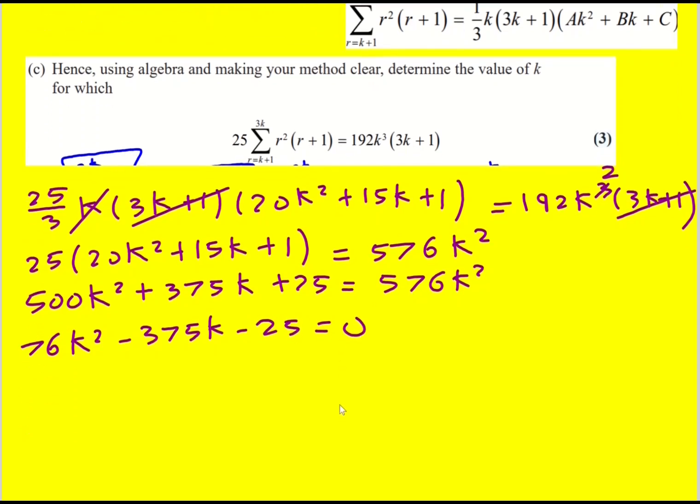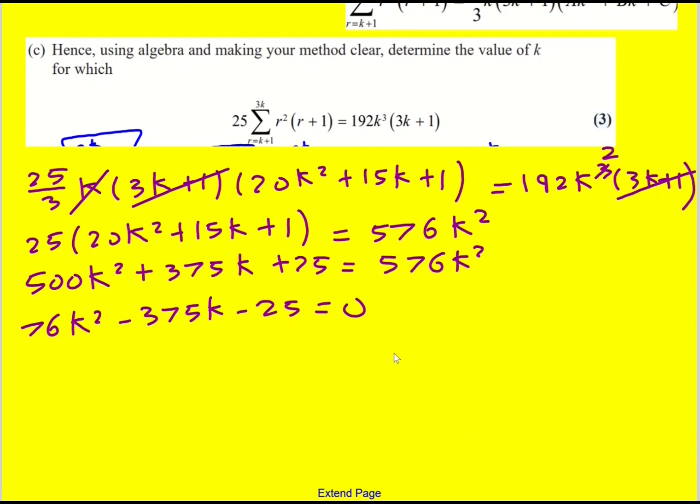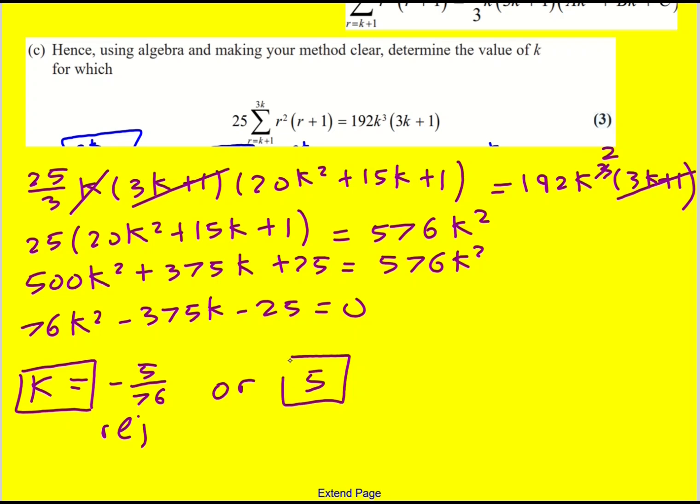Don't try and factorize this. It will, it has to be a positive integer solution. But just put it in your calculator, which gives k equals minus 5 over 76, which we're going to reject. First of all, it's negative. Secondly, it's a fraction, or 5, which is what we're after. And that's our solution. Nice question. Like it.